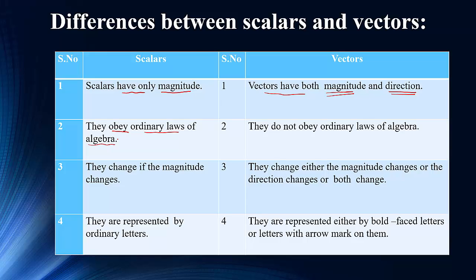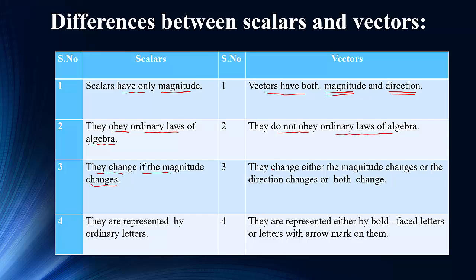So ordinary laws of algebra are obeyed by scalar quantities. But vector quantities do not obey ordinary laws of algebra. Then third difference, scalar quantities change if the magnitude changes. If the numerical value changes, then the scalar value also changes.